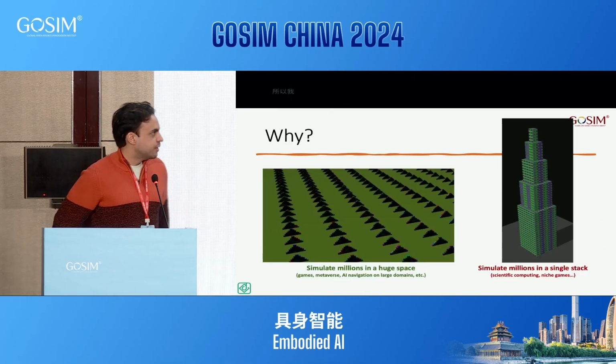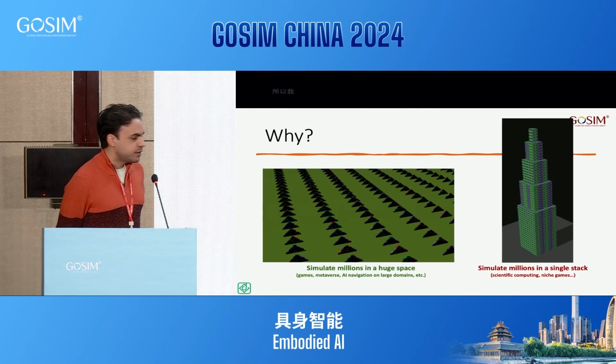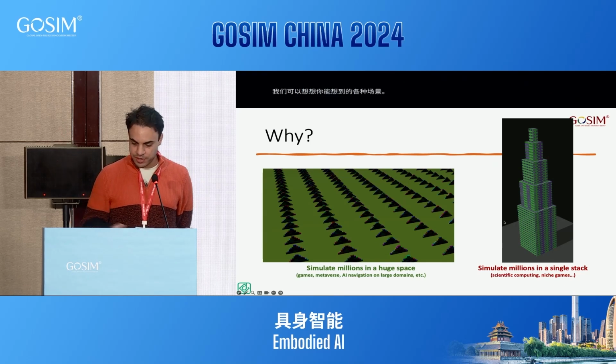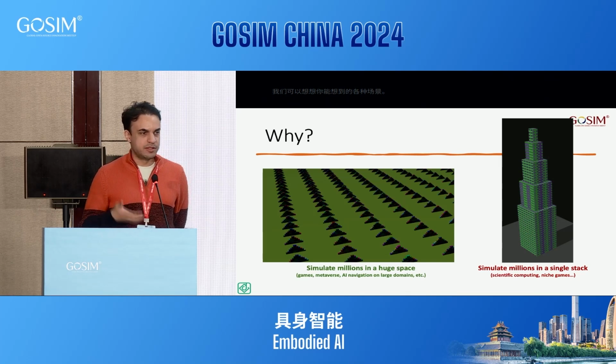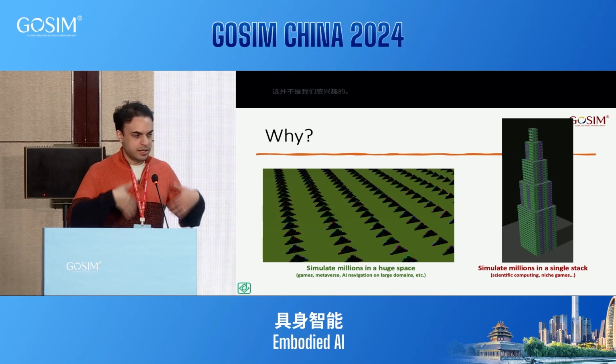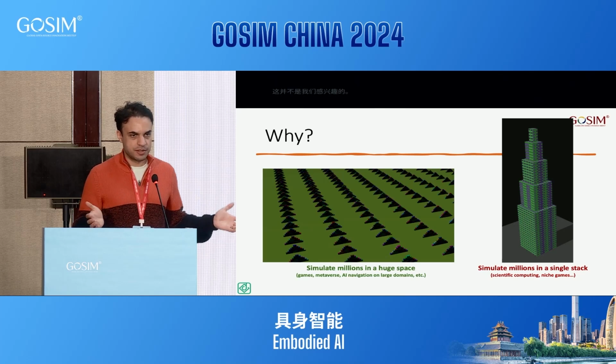So first, what do we want to simulate with distributed physics? We could think of two kinds of scenarios. You could think of this huge tower of cubes. This is not what we are interested in, because this is not what we will typically want to simulate for a game, for a metaverse, for any kind of navigation system.